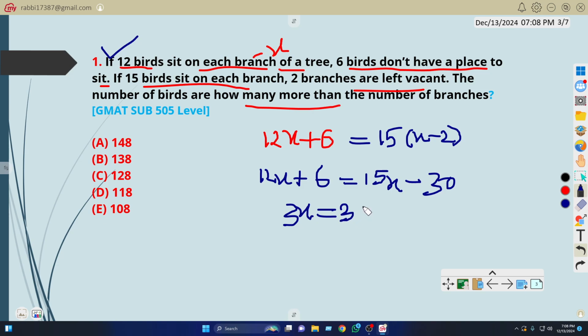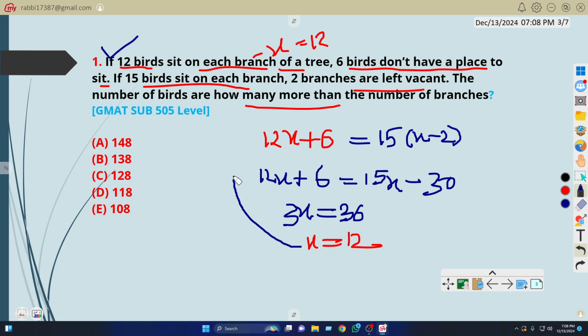So what is the value of x? The x is 12. So x is 12, which means the number of branches of a tree is 12. So there are 12 branches on the tree.